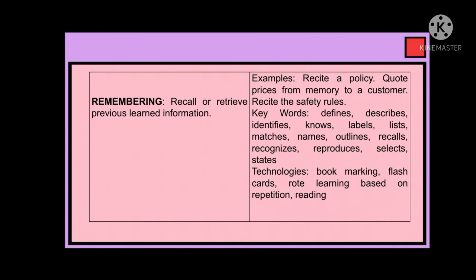And keywords under remembering are defines, describes, identifies, knows, labels, lists, matches, names, outlines, recalls, recognizes, reproduces, selects, and states. And for the technologies activities, you can have bookmarking, flashcards, rule learning based on repetition and reading.